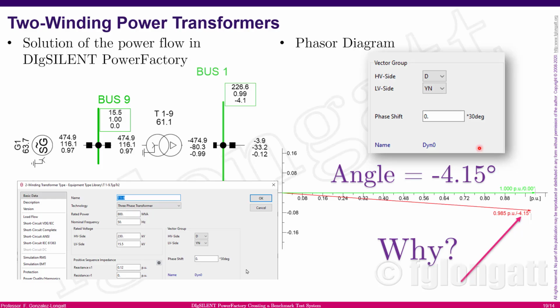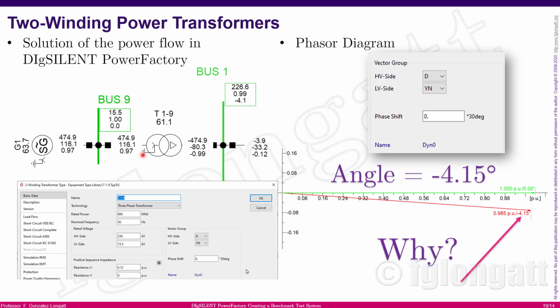If you remember, one week ago I published a video regarding a phase shift transformer, a delta star transformer, and I published specifically the results for this transformer between bus bar 9 and bus bar 1. As you can see, the low voltage side is 15.5 kV and the high voltage side is 230 kV.